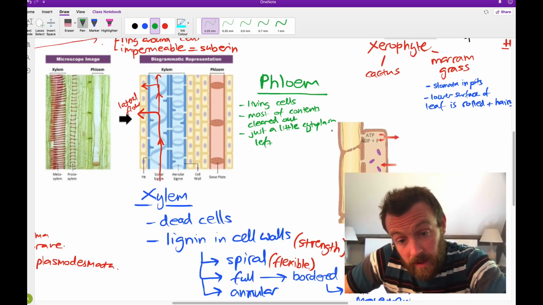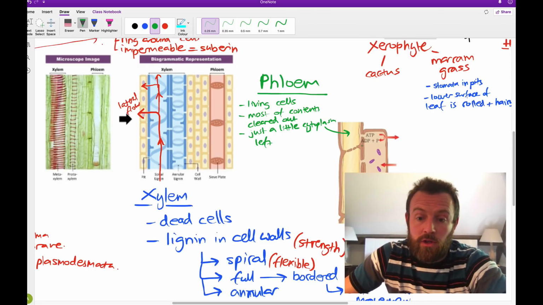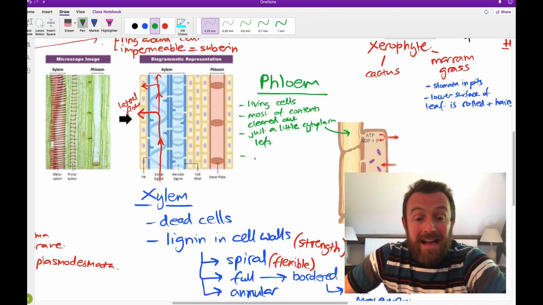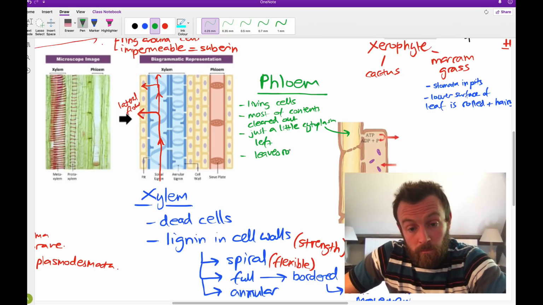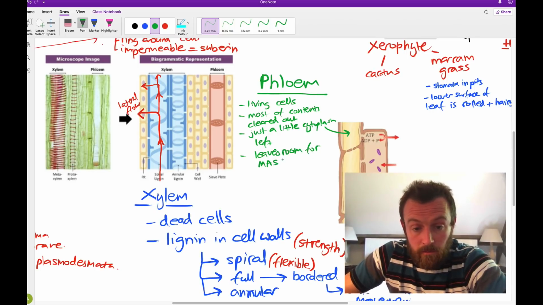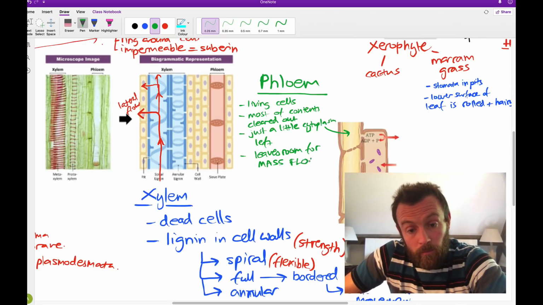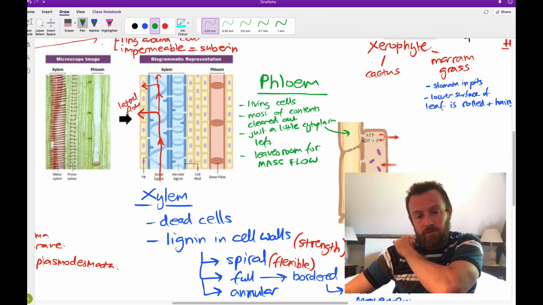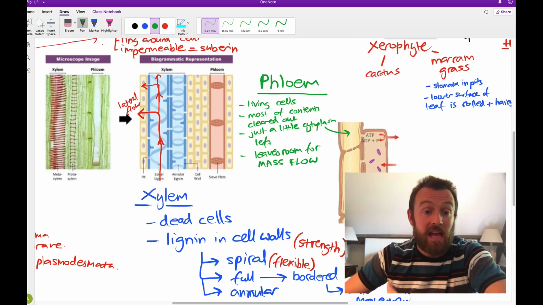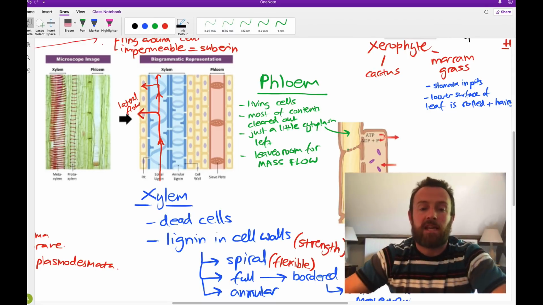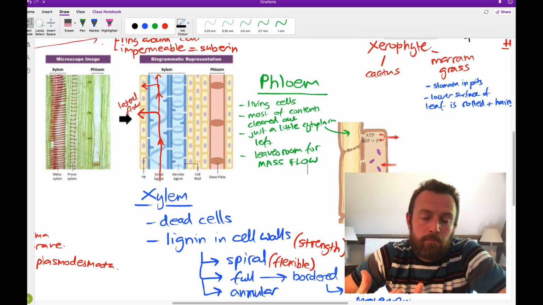So we can see that here, okay? There's not much in there. There's no nucleus, there's no mitochondria, it's just a tiny bit of cytoplasm. So this leaves room for mass flow. There's a key word, okay? Mass flow. We'll put it in capitals. The other thing that helps mass flow is that the barrier where one phloem cell meets the next is like a sieve.